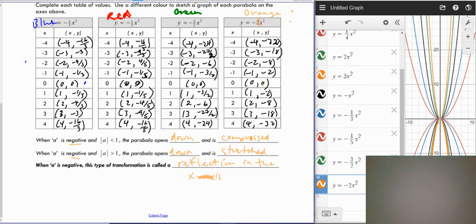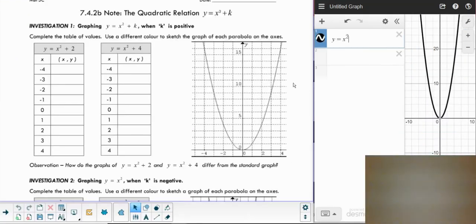Think of it as being flipped. All right, so this is actually part 1 of, it's quite long, but it's not a difficult concept. It's just long to fill in all our tables.